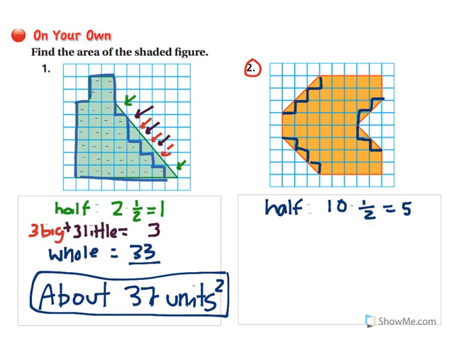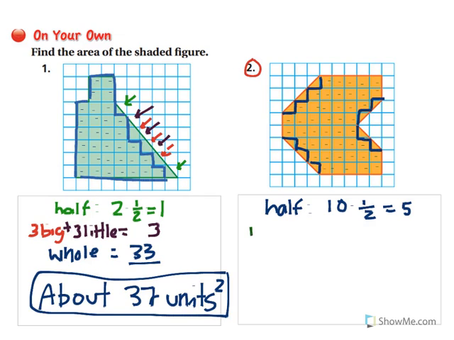So let's go ahead and go through this. I have 1, 2, 3, 4, 5, up through 46.